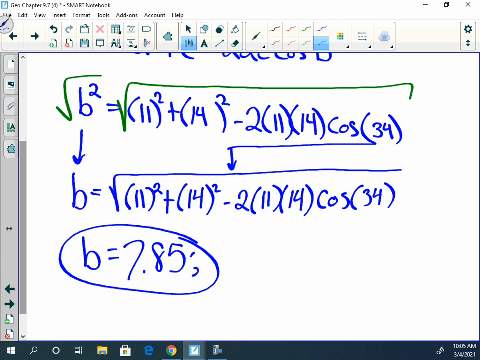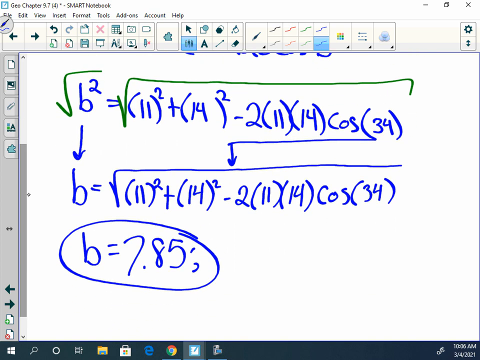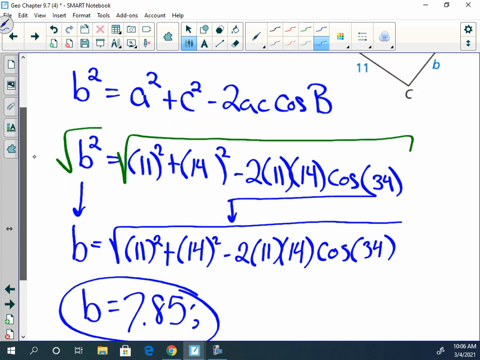We'll get into more depth on why this works the way it does in Algebra 2 when we go over rational exponents. There's a reason behind it. But the square root of b squared is just b. And so we have this length, 7.85.